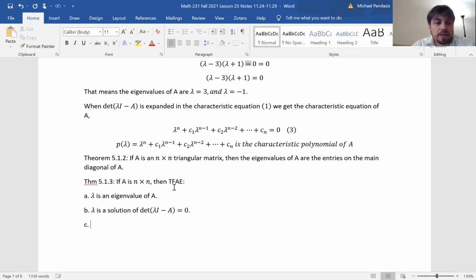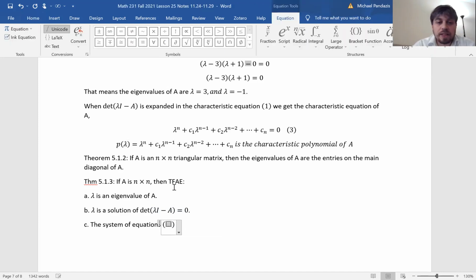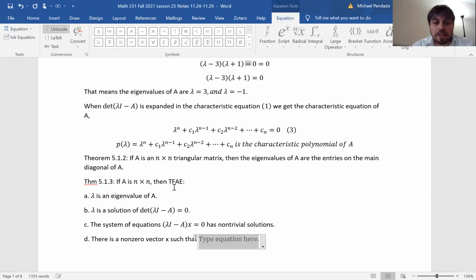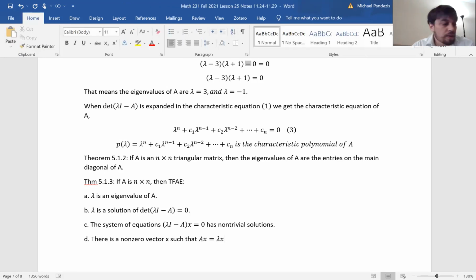C, the system of equations lambda I minus A times x equals 0 has non-trivial solutions. D, there is a non-zero vector x such that Ax is equal to lambda x.